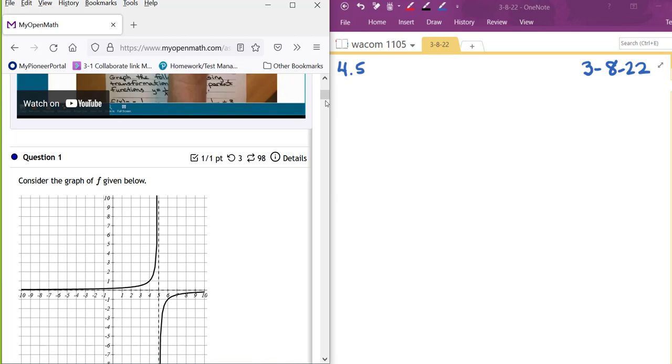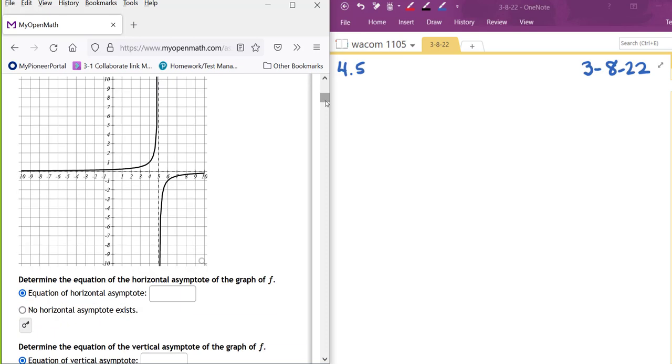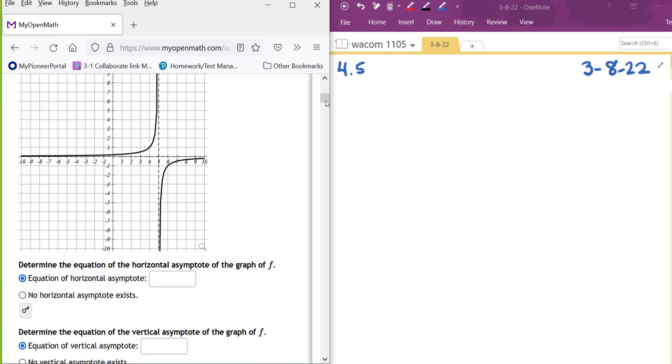And for the equations on the first part, I think that's all they want you to know is what these are. So the first question asks us, what is the equation of the horizontal asymptote? Well, on this one, it is the x-axis, and the equation for this would be y equals 0.